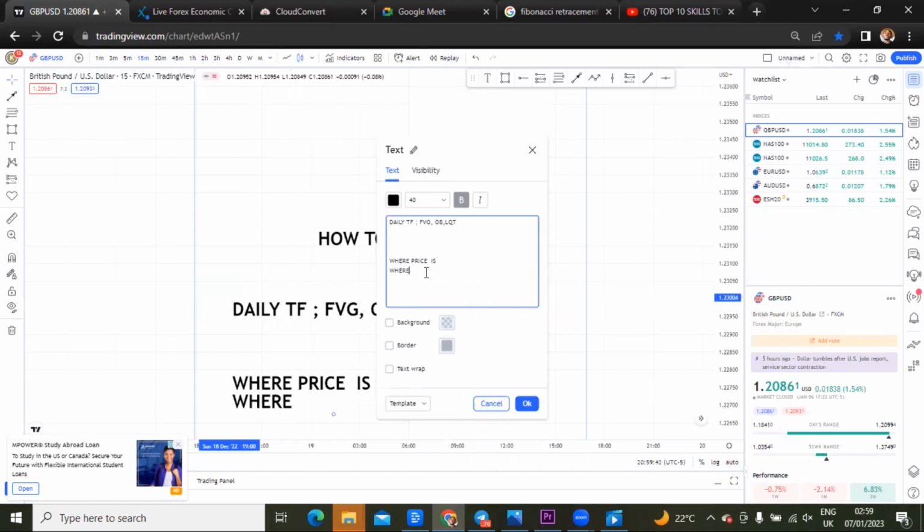Where price is going. Where price is coming from.